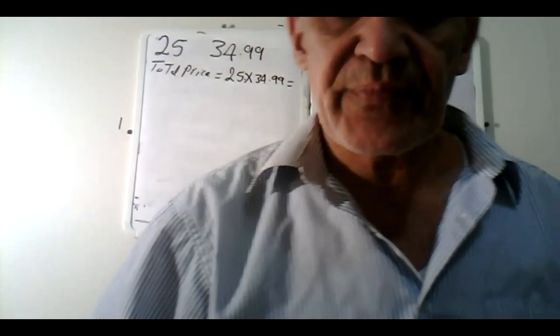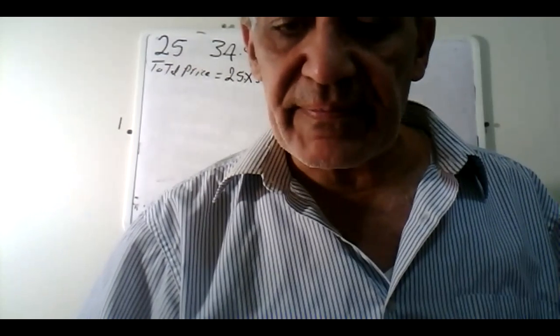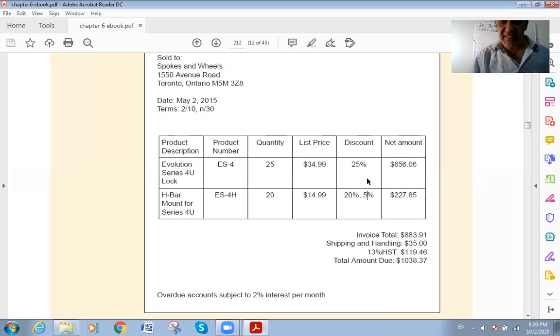Okay. Now, this is not the end of the problem. Look at this. We still have a discount of 25%. So I will say the net amount, let's go now. I have a discount of 25%.